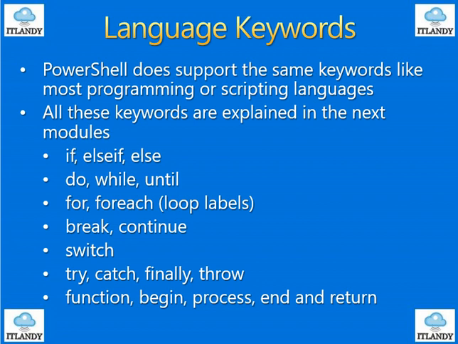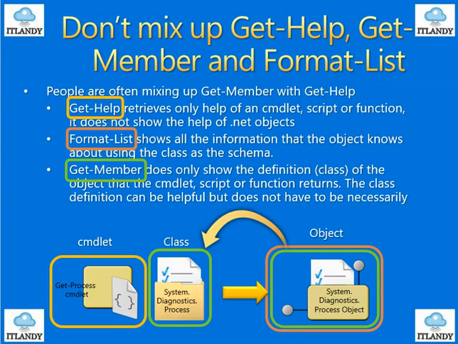Do not mix up Get-Help, Get-Member, and Format-List. People often mix up Get-Member and Get-Help. Get-Help retrieves only help for commands, scripts, or functions. It does not show the help of .NET objects.